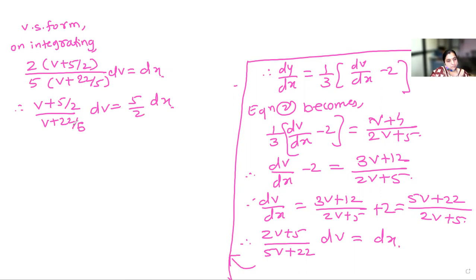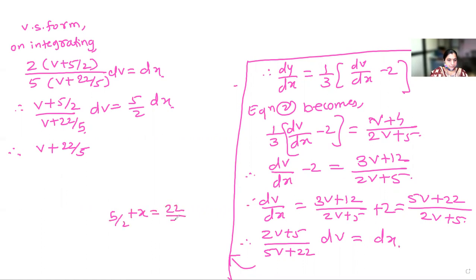Now here you can adjust the constant term and you will get the solution. So if I write v plus 22 divided by 5 in the denominator, how could we adjust the constant term? We have 5 by 2 in the numerator and 22 by 5 in the denominator. In 5 by 2, which term will be added?